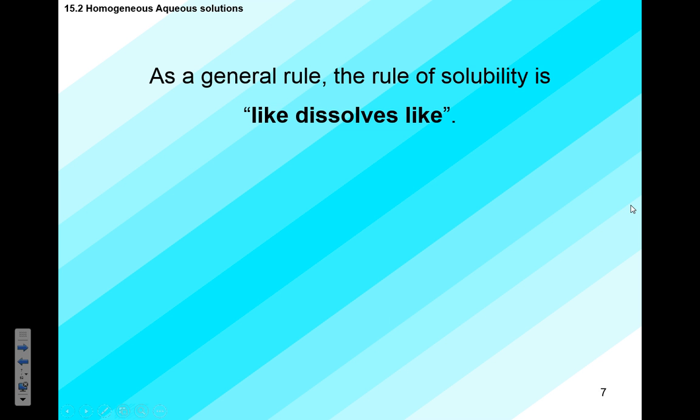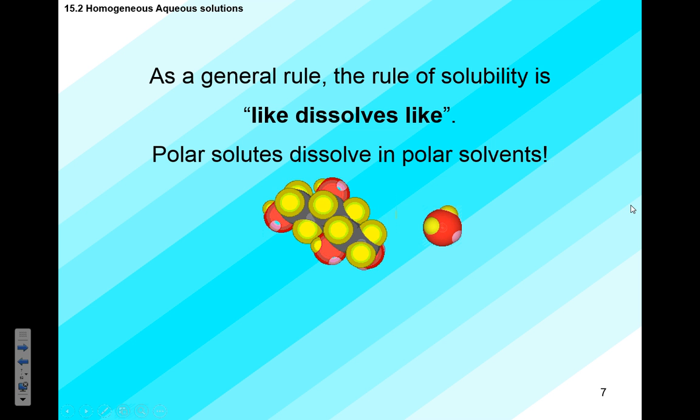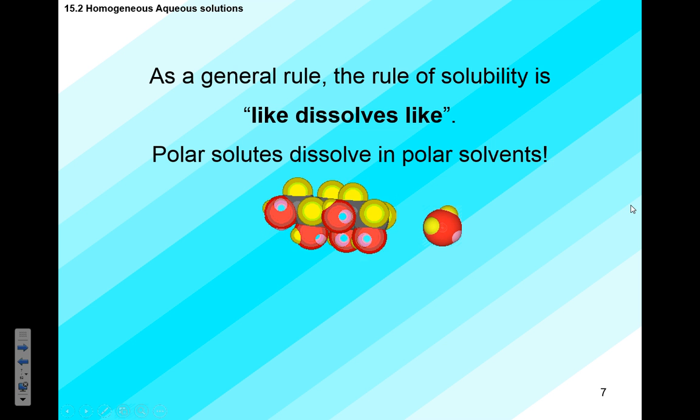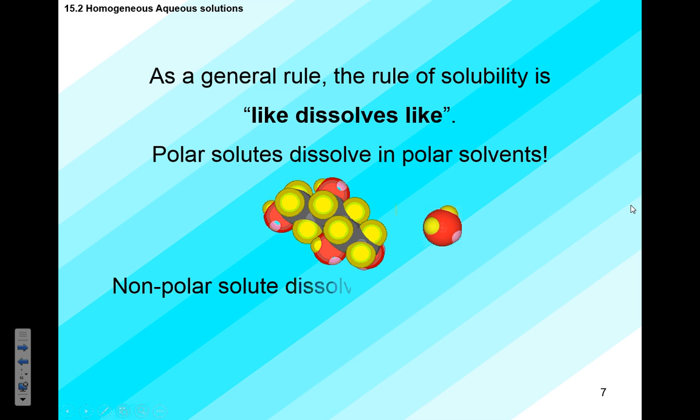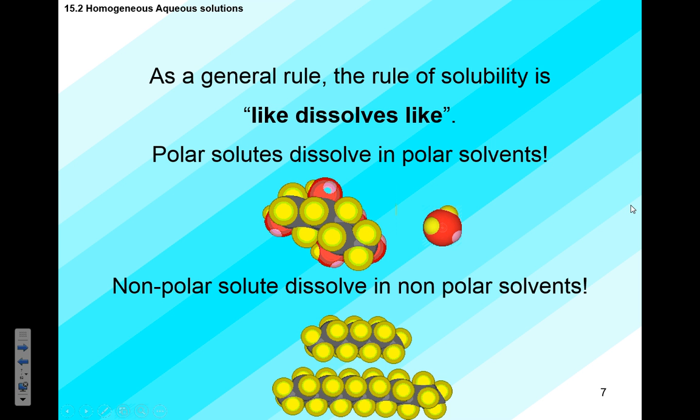Now, as a general rule, what we refer to as the solubility rule is like dissolves like. And what we really mean is polar solutes will dissolve in polar solvents, as well as nonpolar solutes will dissolve in nonpolar substances. So that's really what we mean when we say like dissolves like. What we're referring to is the polarities that exist between the substances.